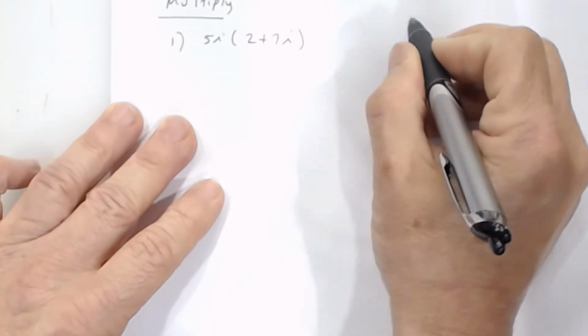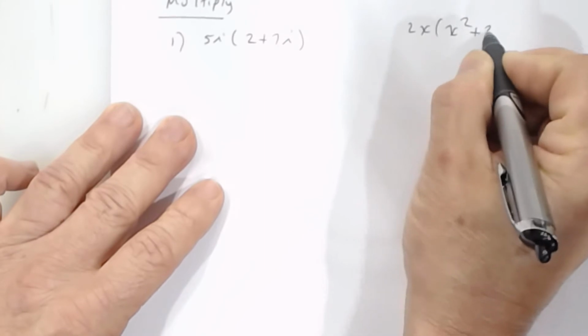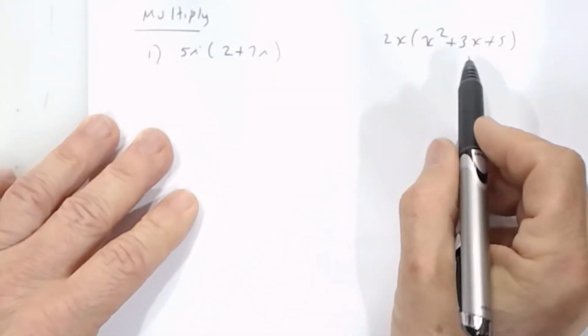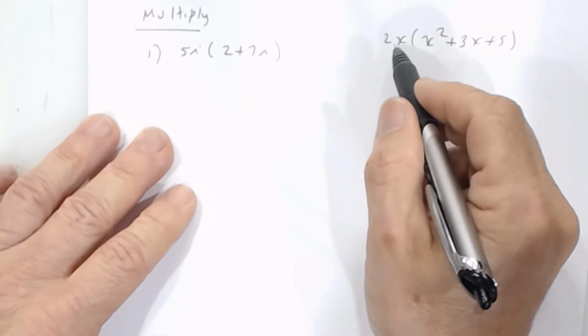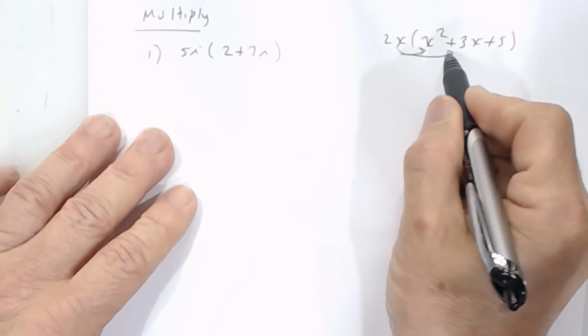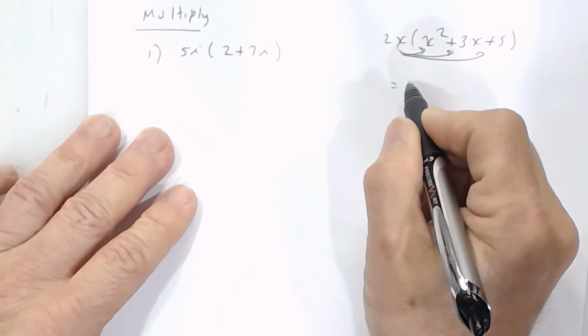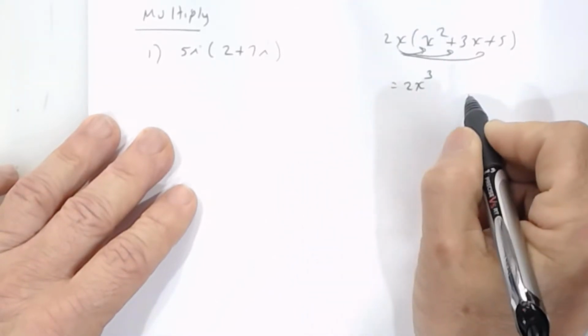In Math 98, remember when you had 2x times x squared plus 3x plus 5? What did you do here? Distribute. What's 2x times x squared? 2x cubed.